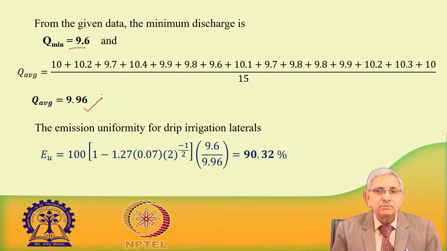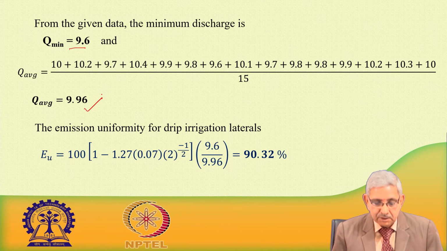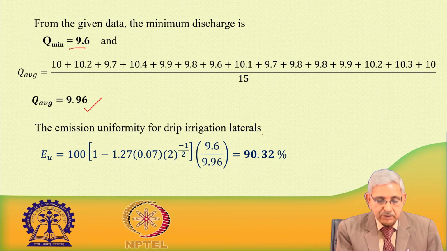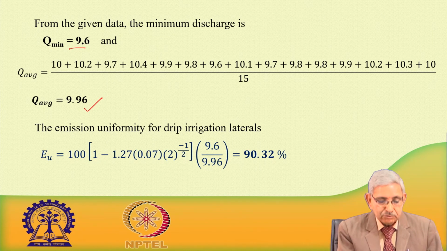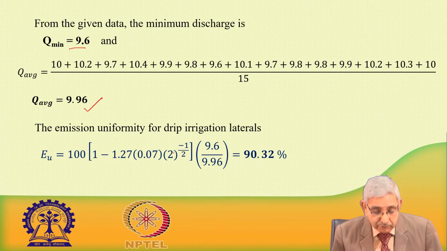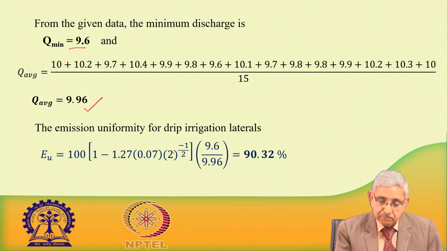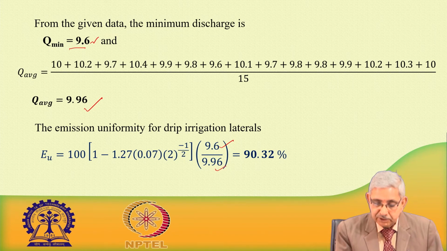Now, we are simply substituting the values, keeping this particular observation. So, emission uniformity is given by 100 multiplied by 1 minus 1.27 into 0.07 divided by square root of 2, multiplied by the minimum discharge, that is 9.6, divided by 9.96, the average discharge.